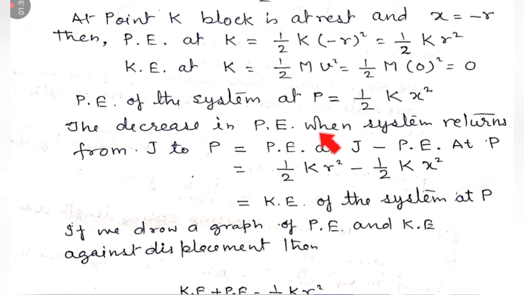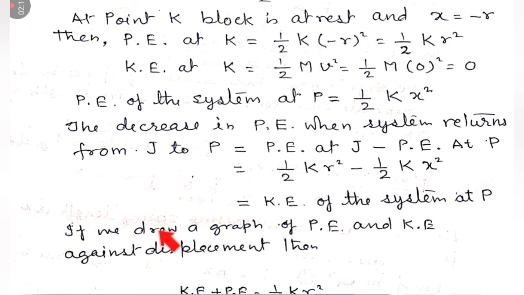The decrease in potential energy when the system returns from J to P is equal to potential energy at J minus potential energy at P, which is half kr square minus half kx square. This decrease in potential energy is equal to the kinetic energy of the system at P.